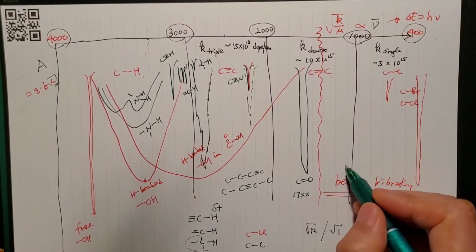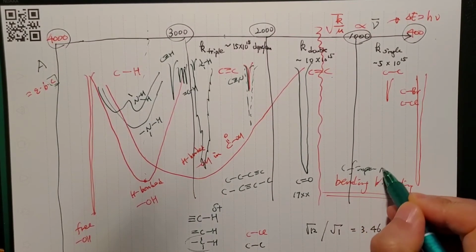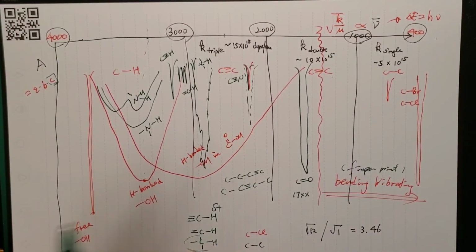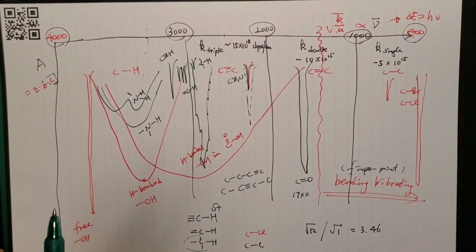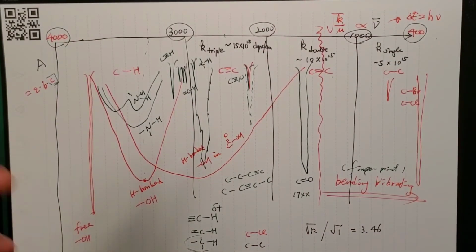The nickname for that is the fingerprint region. Because you can match this to find out, rather than the functional group, other features that have to do with the structure, because bending has to do with the structure rather than the functional group.